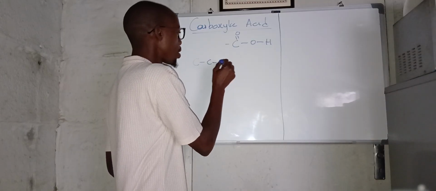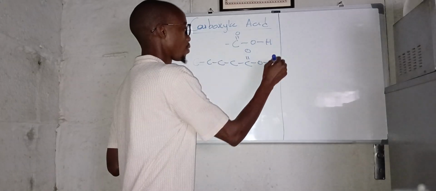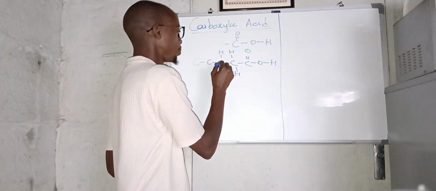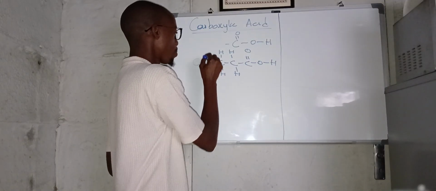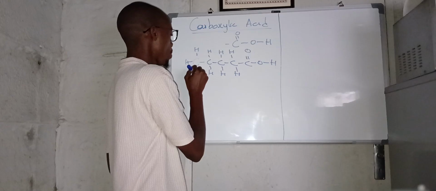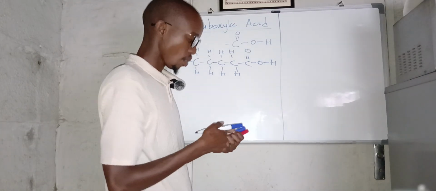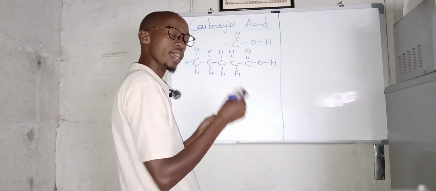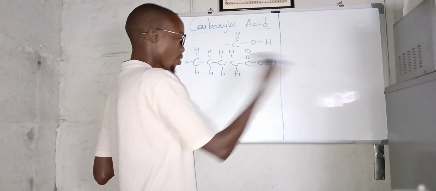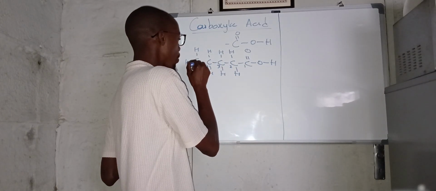1, 2, 3, 4, 5. Now we check. We're going to start counting from the side that the position of the functional group is at, which is right to left. 1, 2, 3, 4, 5.